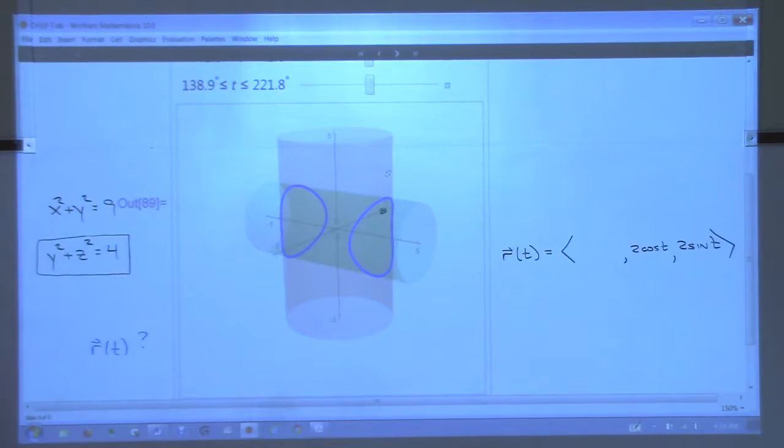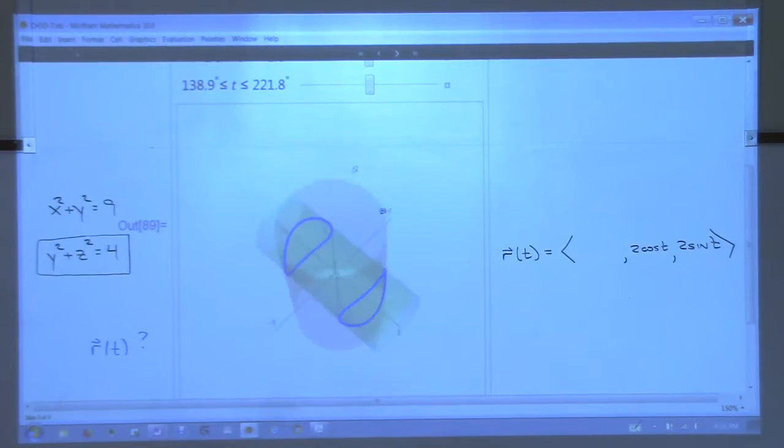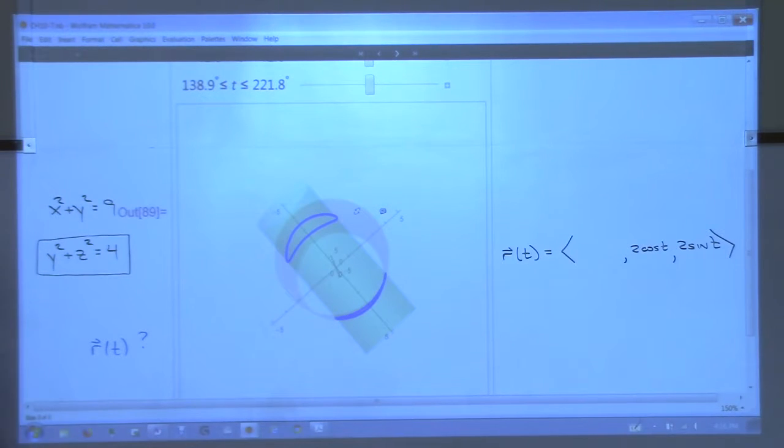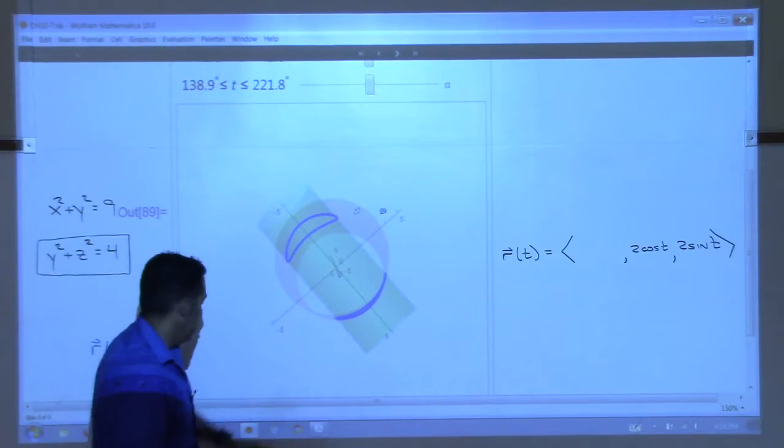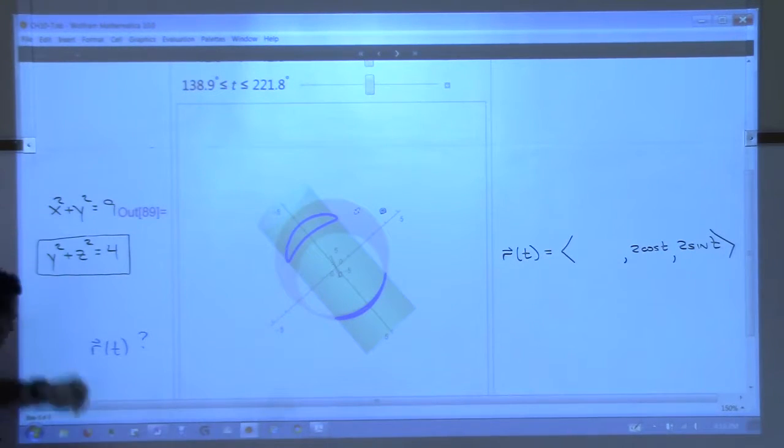Let me look at it from the top. That in and out is dictated by the bigger cylinder, right? Yes. Okay, so here's the equation of the bigger cylinder. That's dictating my in and out.